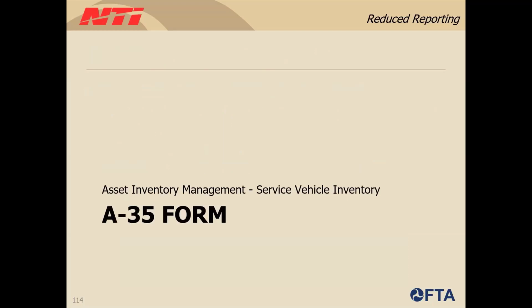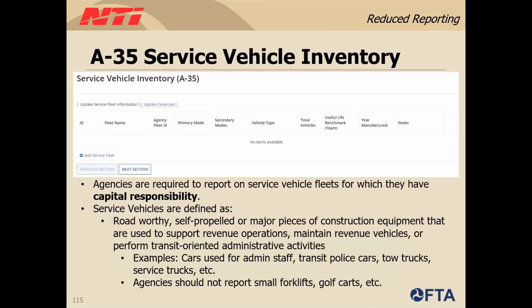Next, we will cover the A35 Service Vehicle Inventory Form. The A35 form is where you report your agency's non-revenue vehicles that support your service. You should report all service vehicles for which your agency has capital responsibility. Service vehicles are roadworthy, self-propelled, or major pieces of construction equipment that support revenue operations, maintain revenue vehicles, or perform transit-oriented administrative activities.